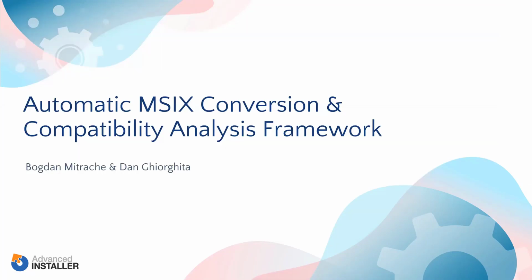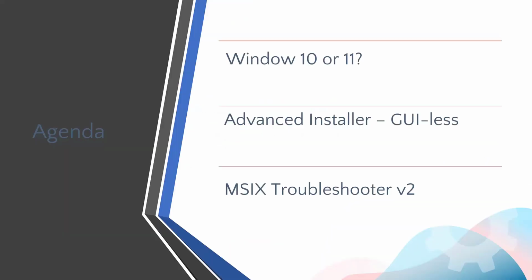So let's see what is the agenda for our presentation. Windows 11 is here for some time, so migration to Windows 11 will be necessary sooner or later, unless it is a hardware limitation. Although you can upgrade Windows even if the hardware is not supported, we don't recommend it.